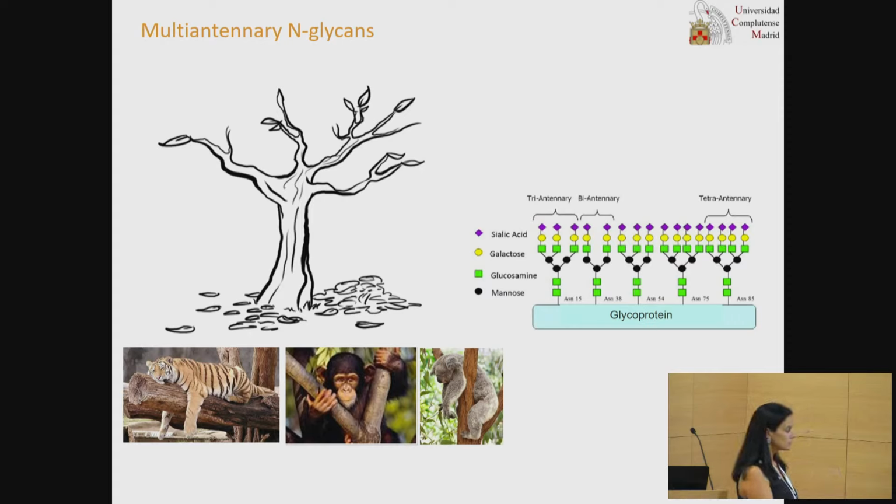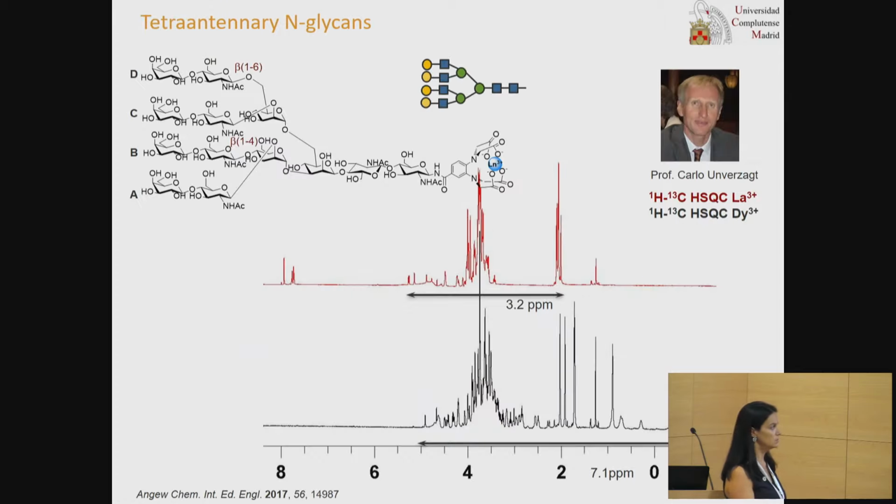Then we need to develop tools to study this, because there is information on these structures that we cannot study otherwise. And also this biantennary, monoantennary, or whatever interacts with things, like in these pictures. Then you need to develop tools, or at least we are trying to develop tools to study this. Then again, thanks to the great Carlo Unverzagt, who spent some time in Seville, I think.